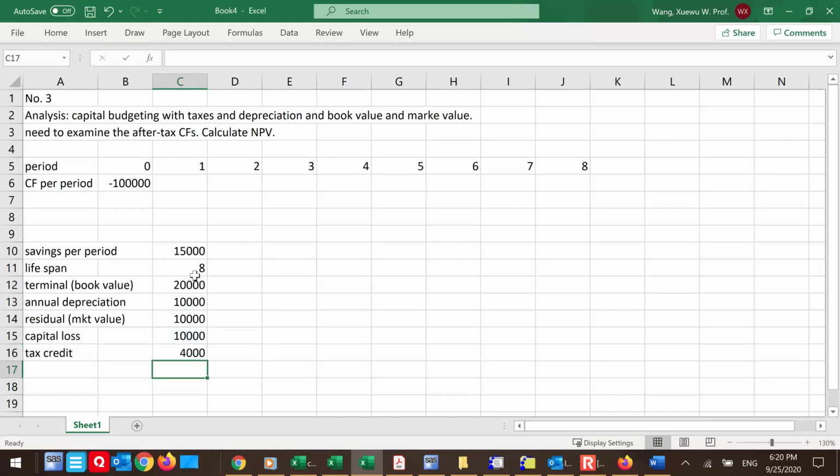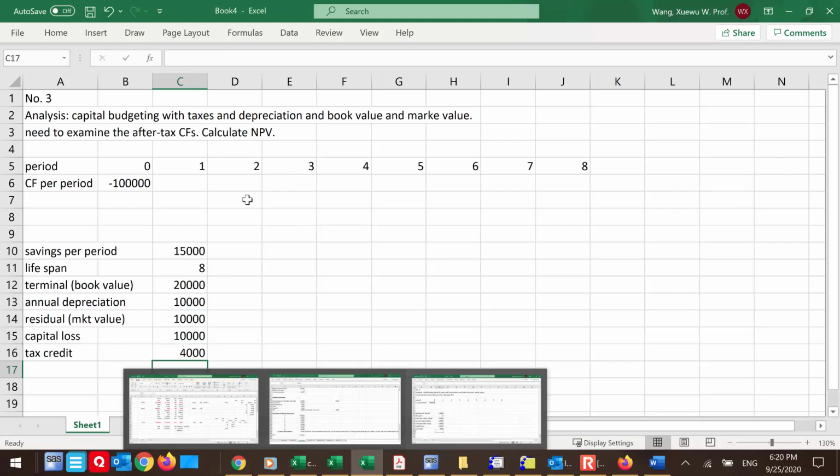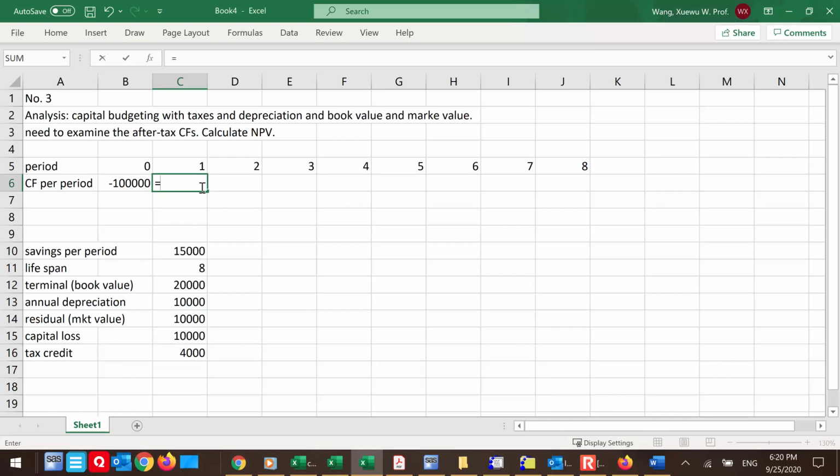So if that's the case, we can now think about the after-tax cash flows. When you look at the first year here, you have the annual savings, this amount here, and you're going to take out the depreciation, that's the amount here. And then I'm going to pay tax, so one minus the tax rate, which is 40% here.